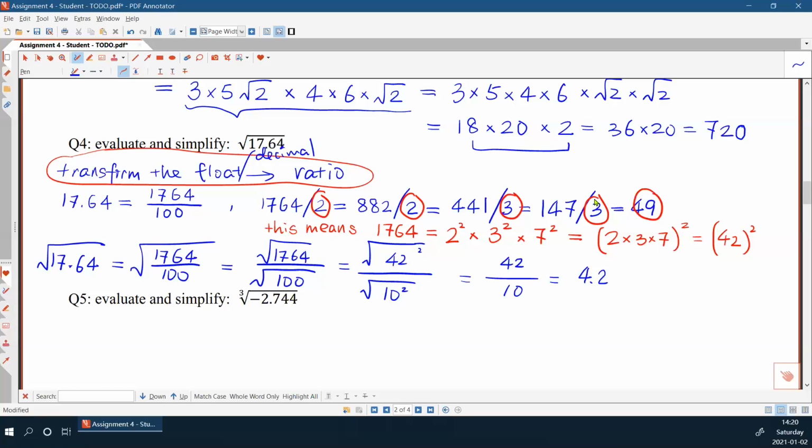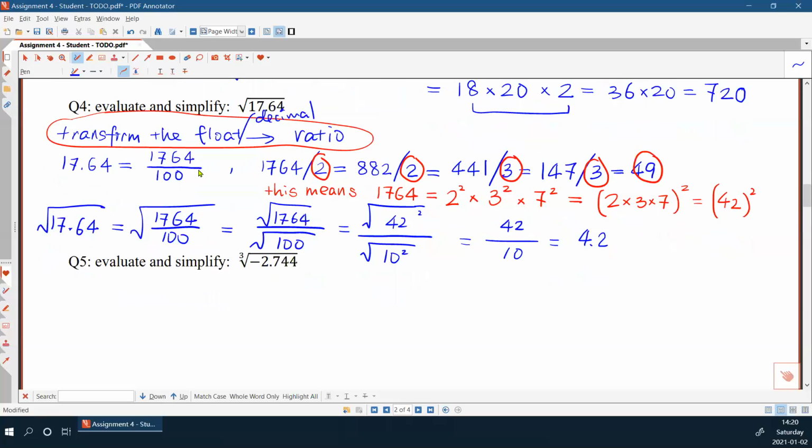Okay, let's see the next question, which is very similar to question 4. Again, you want to calculate a cube root of a decimal number. Okay, so the intuitive way to do this is to transfer the decimal number to a ratio.